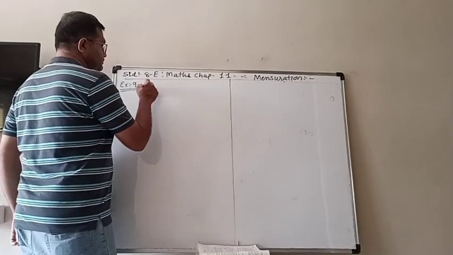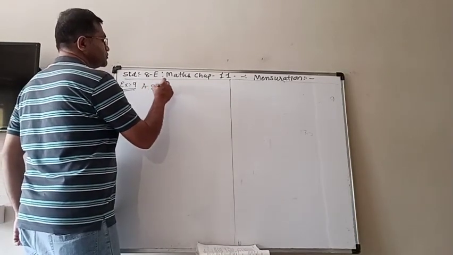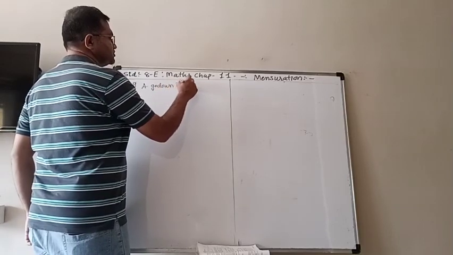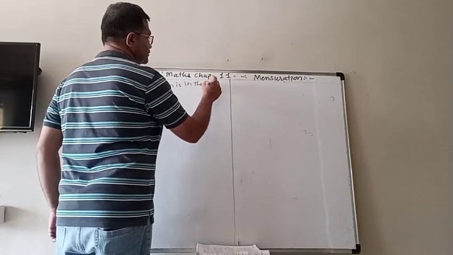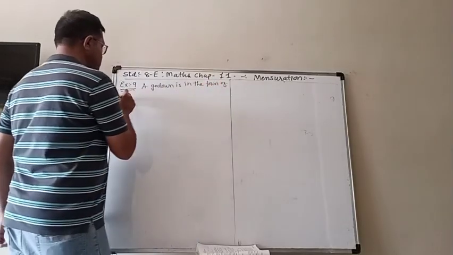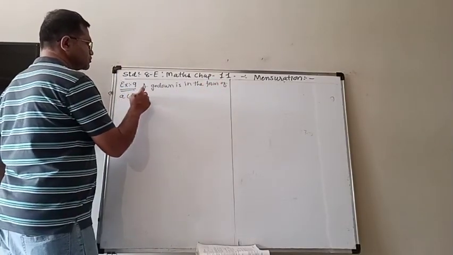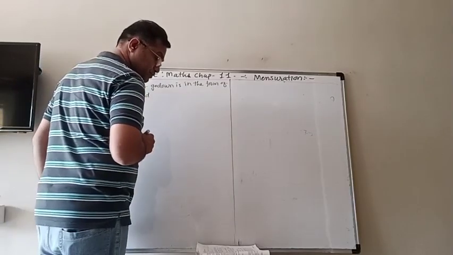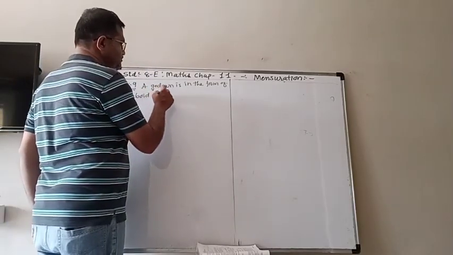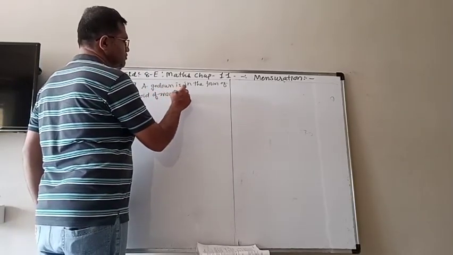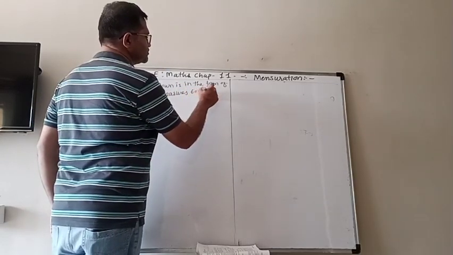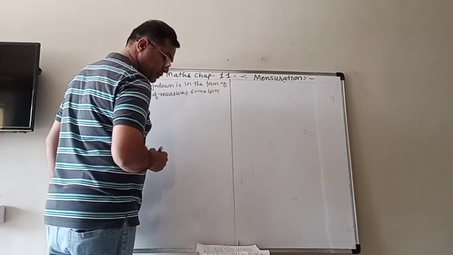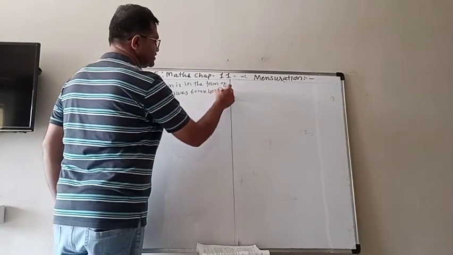Now the ninth example. A godown is in the form of a cuboid of measures 60 meter by 40 meter by 30 meter.